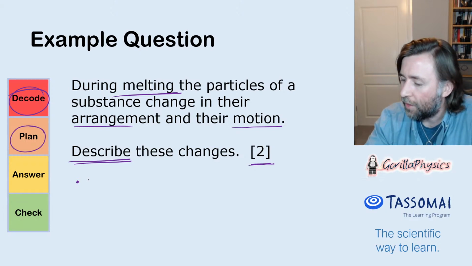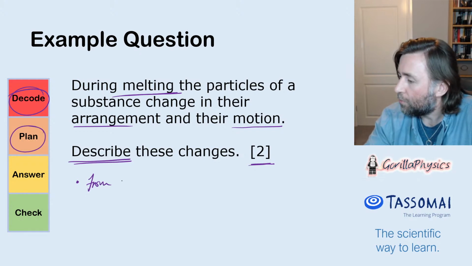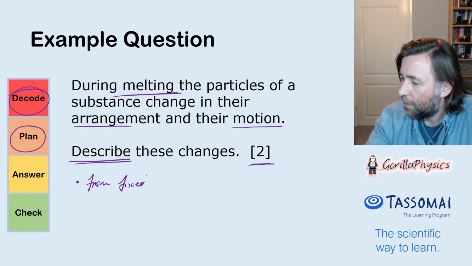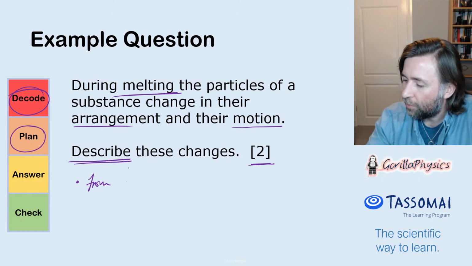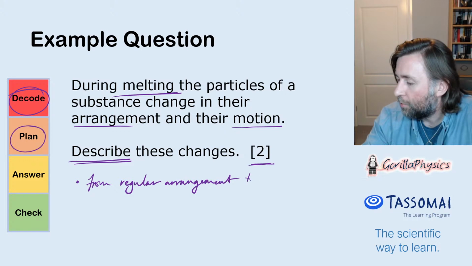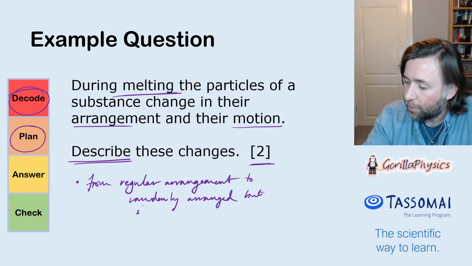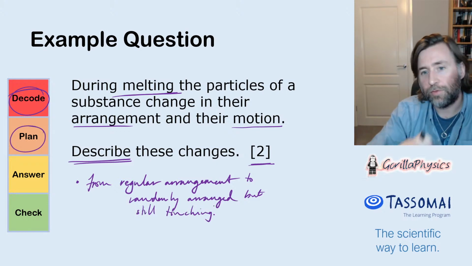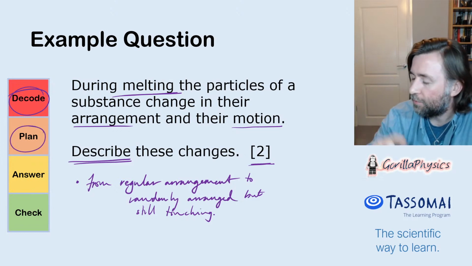Well, they have changed from a regular arrangement to randomly arranged. But importantly, still touching. In a liquid, particles don't get a lot of distance apart. That's the first mark dealt with.